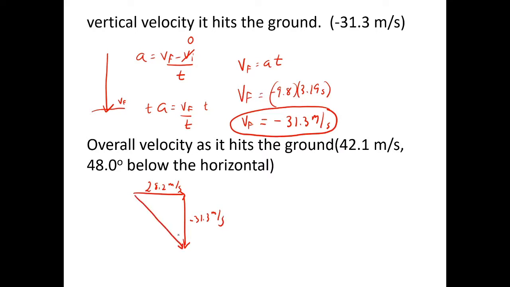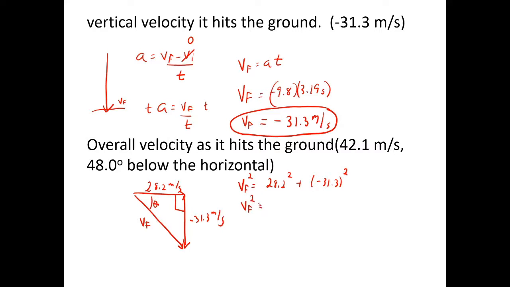So that motorcycle is actually going to hit and come down at an angle. And this will be a right triangle. So I think hopefully we remember, well, V final squared will be 28.2 squared plus negative 31.3 squared. We're just using the Pythagorean theorem.